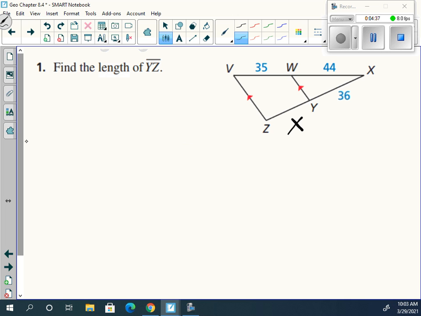But how would we start setting this up? Right over left, right over left. We just kind of want to keep those matching up, keep them proportional.